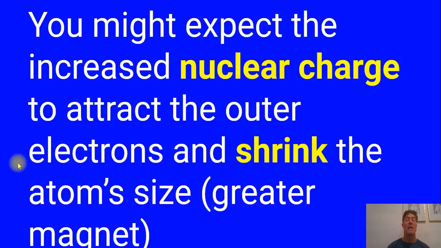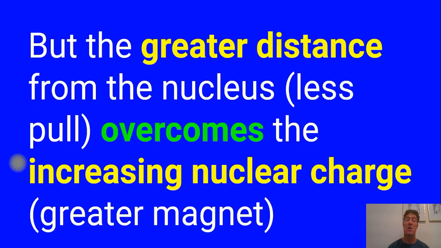Now, as I said, we might expect the increased nuclear charge to overwhelm the additional electrons as it does when we go across the row and shrink the atom size, but not so, because the greater distance from the nucleus overcomes the increasing nuclear charge.